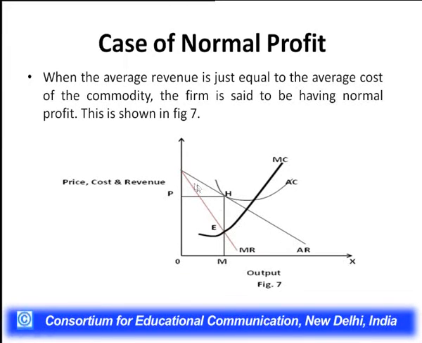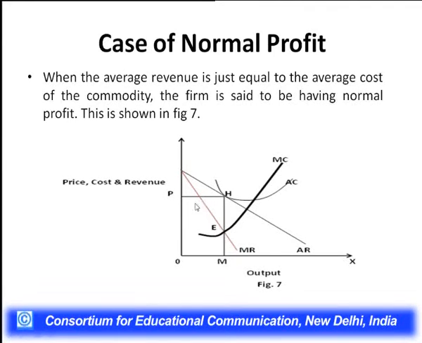AR is declining, MR is below it, and now we have to see that MC is equal to MR at point E. So equilibrium output is OM, and if we take this above to find out AR, that is MH or OP, and at this point AC is tangent to AR, and you must see that MC cuts AC at its minimum point.